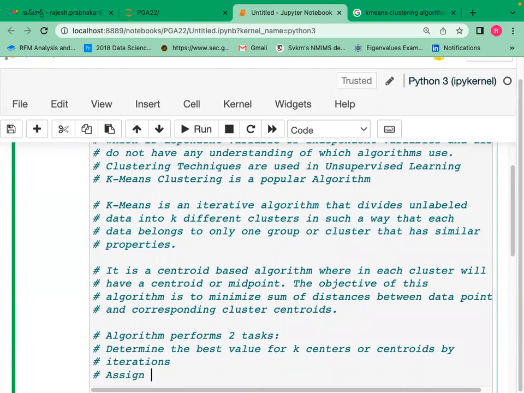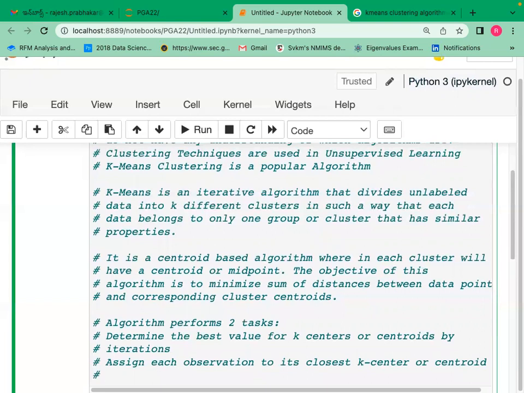Two, assign each observation to its closest centroid, K center or centroid, and create a cluster.